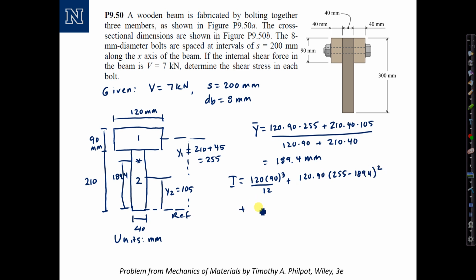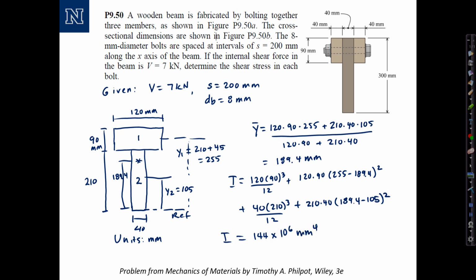Plus I for section 2, which is 40 times 210 cubed over 12, plus the area of section 2, 210 times 40, times 189.4 minus 105, squared. And the result for I, truncating significant digits, is 144 times 10 to the 6th millimeters to the 4th.